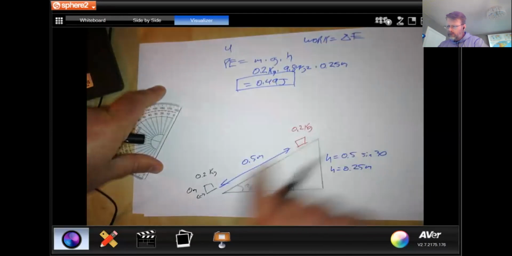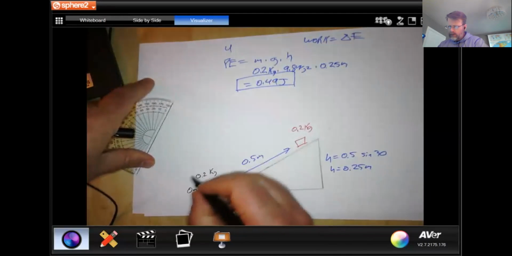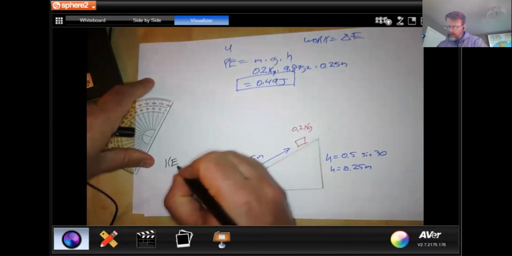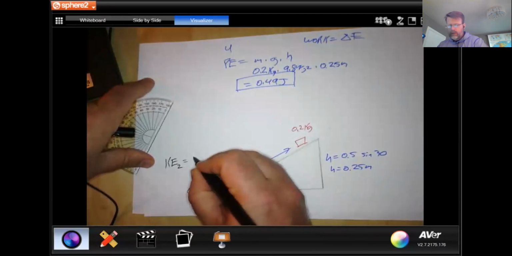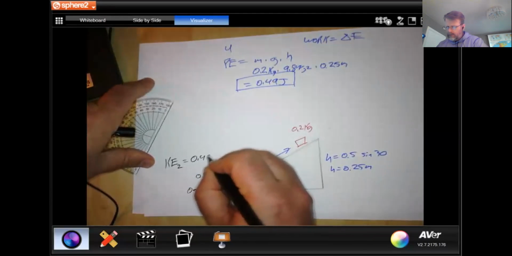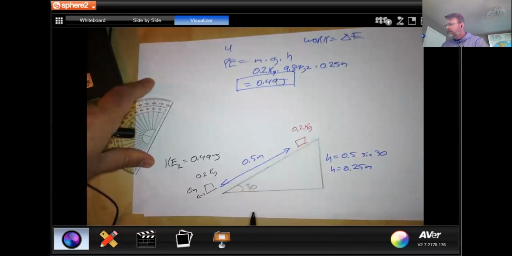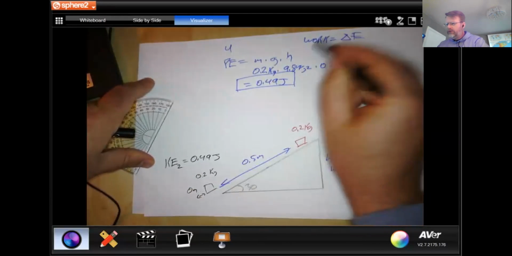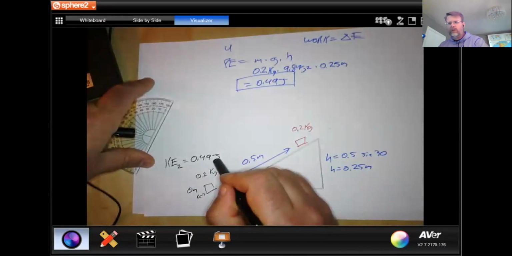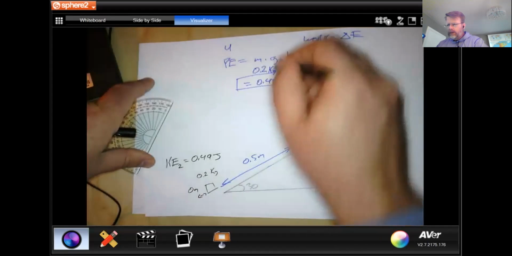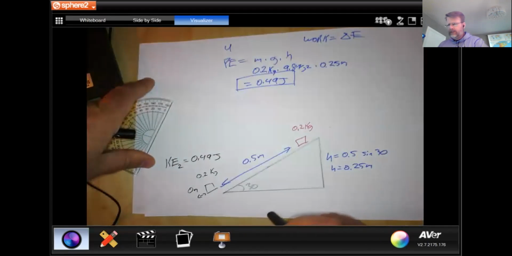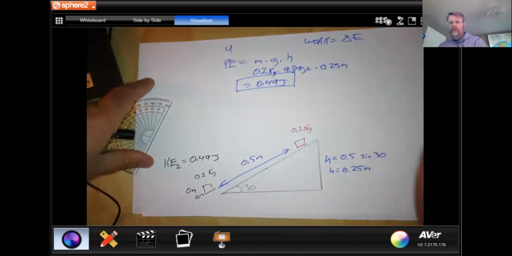All that potential went into kinetic. So now my kinetic energy at the bottom is going to be the same number. You'll often hear the phrase a joule is a joule is a joule, because we can conserve energy across any system or any point within the system here.